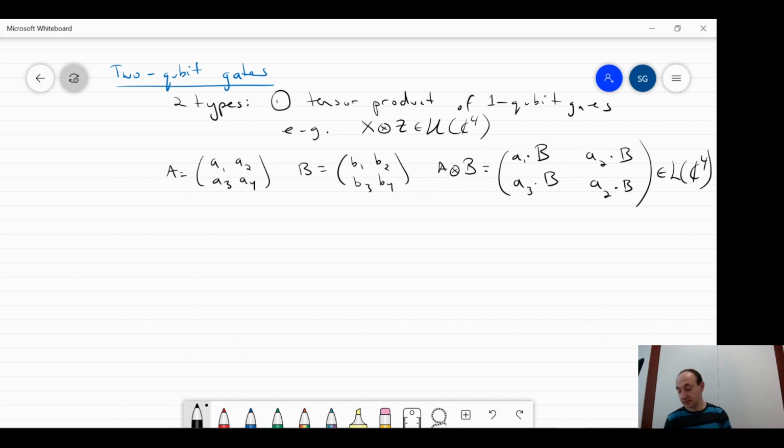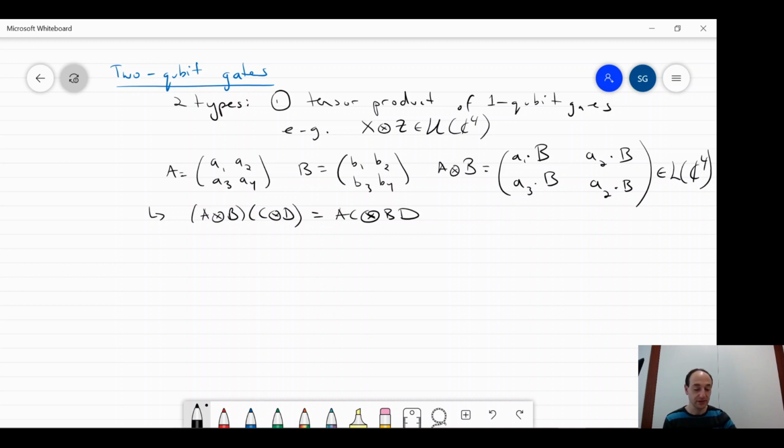So the tensor product for matrices extends very naturally in this way to be defined on matrices. There are 2 additional rules that I do want to mention that are nice for matrices, which are that if I have A tensor B times C tensor D, then you get AC tensor BD.